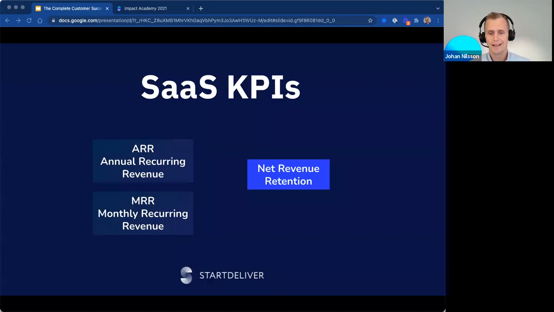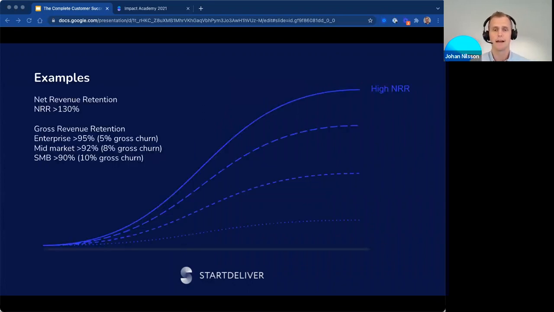And what is NRR? NRR is actually the amount of revenue that, if you start the year with an ARR or an MRR, what is that ARR in the end of the year for the same customer base. And the strength with NRR is that it gives you some guidance on how much of your revenue will stay for the next year.